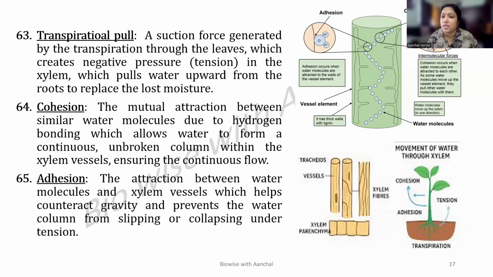And adhesion is attraction between two different substances, that is, between water molecules and xylem vessels, which helps counteract gravity and prevent the water column from slipping or collapsing under tension. So here the attraction is between two different things, water and xylem vessel, and cohesion is between the water molecules because of hydrogen bonding.